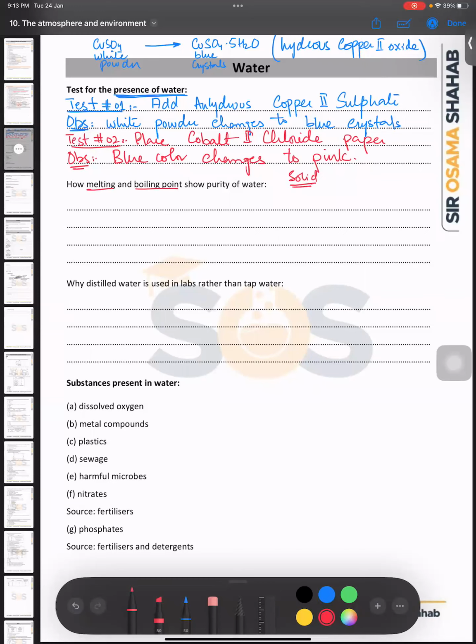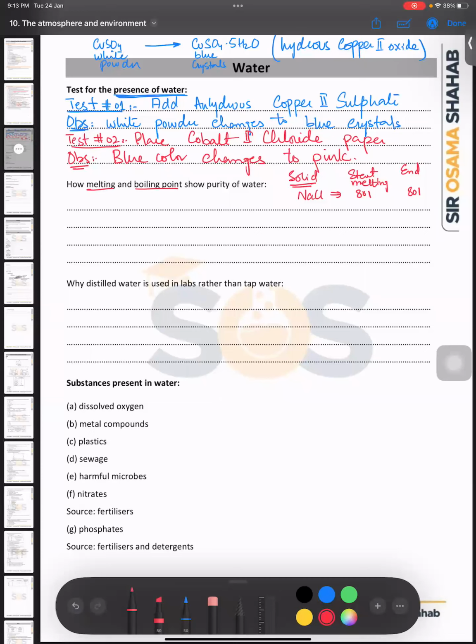For suppose we have NaCl, if it starts melting at 801 degrees Celsius and ends melting at 801 degrees Celsius, it shows that there is no variation in the melting point during the melting, right? It's fixed, it's sharp. It means this NaCl is pure.